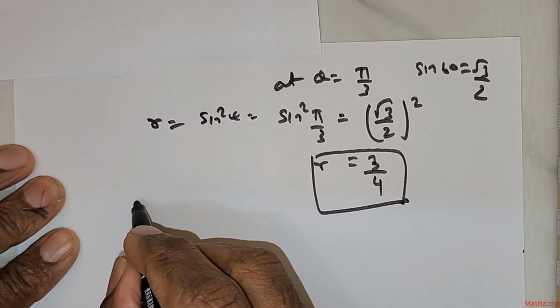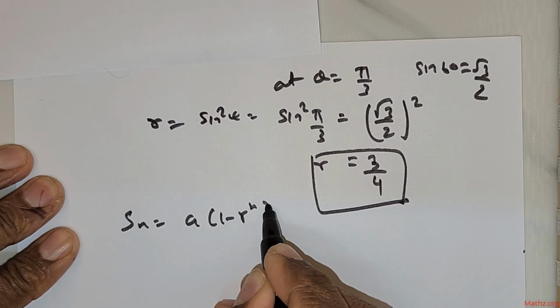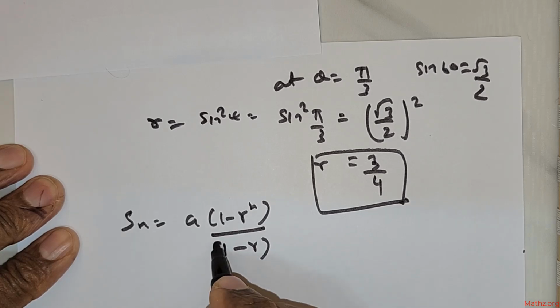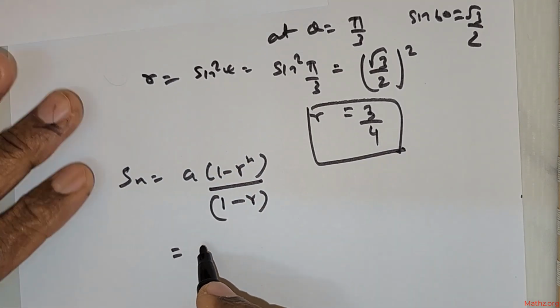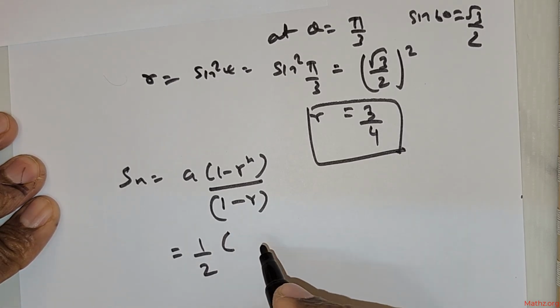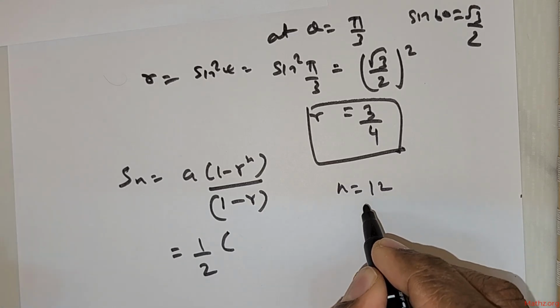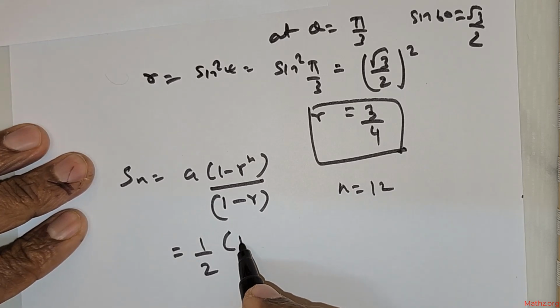Now we need to get the sum of the first n terms. So Sn is equal to a times 1 negative r raised to the power of n divided by 1 negative r, and our a is 1 over 2. Now we are looking for n to be equal to 12. So substitute that.